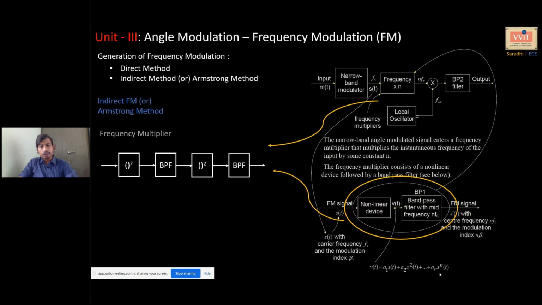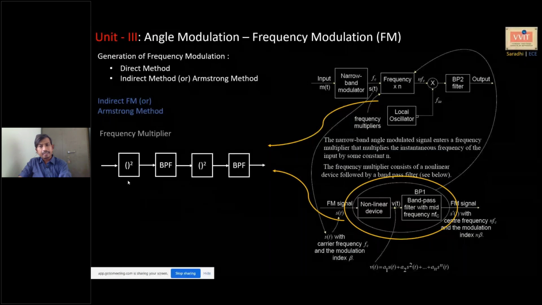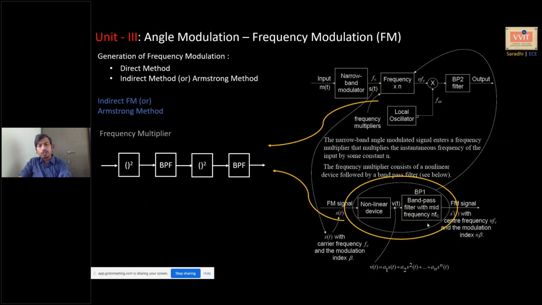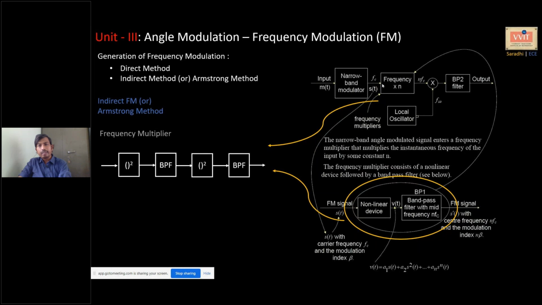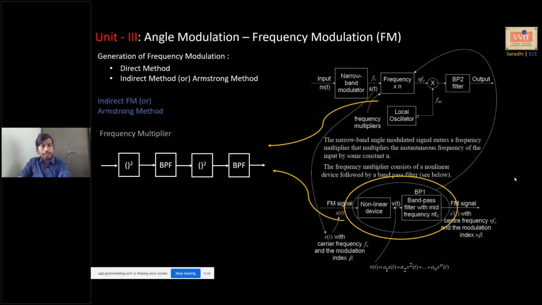Let us suppose you are taking the square law device as your nonlinear device, and let us see how this happens. This is repeated many number of times. Suppose you want to multiply the input frequency by a factor of n, this combination has to be repeated n number of times. Suppose here I have repeated 2 times.